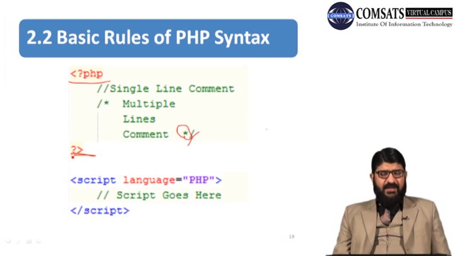And now if you want to write the script, for that you have mentioned script language equals to PHP, and script goes here, you will write the relevant script over here, and then the script tag is closed.